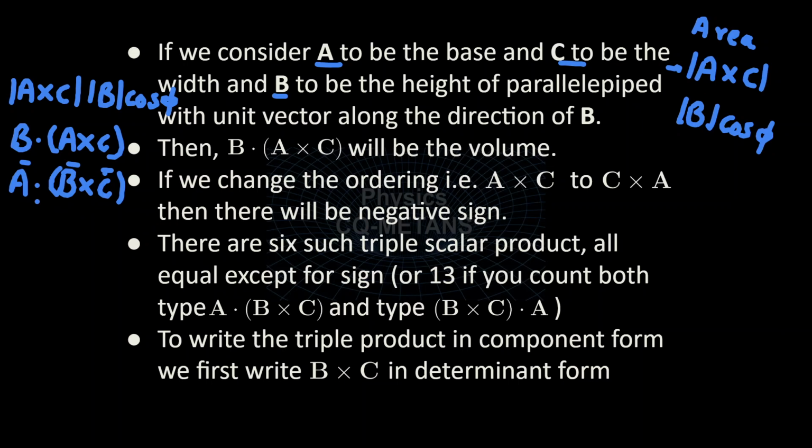So I have a dot b cross c, then I have b dot c cross a, it should be, but according to our notation, this is what, then c dot a cross b. This is what we have. So these three should be equal. So this equals this and this equals this. So this will give me the volume, and all these three will be equal.